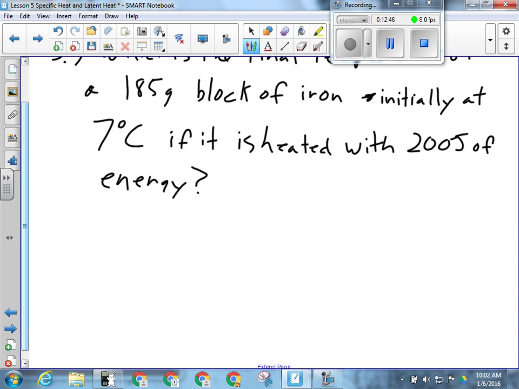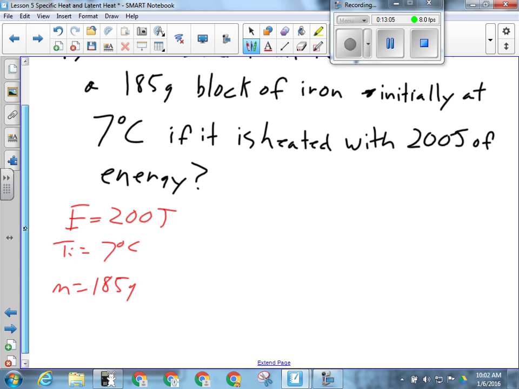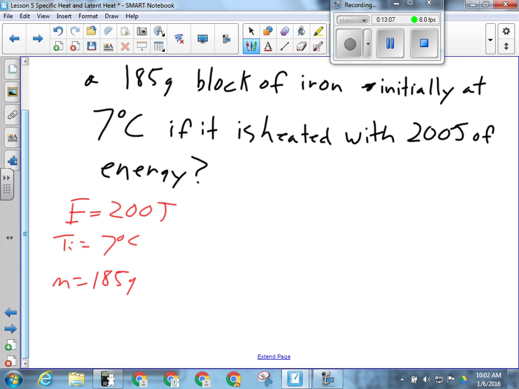Agreed? All right, so our energy here is 200. Our initial temperature is 7 degrees Celsius, and our mass is 185 grams. And we know it's iron.